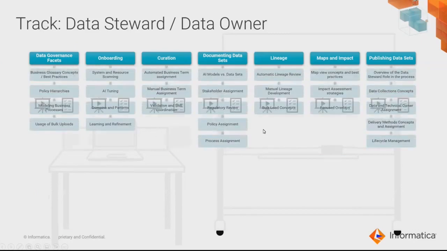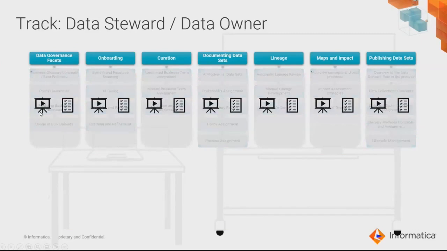And each one of these, again, is going to be captured in a job aid and a video. So, business glossary best practices could be a 3-4 minute video, understanding all the facets in the model. So when to use policy, when to use a business process, onboarding activities.